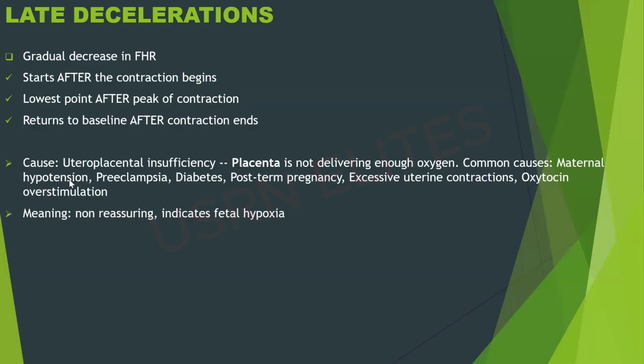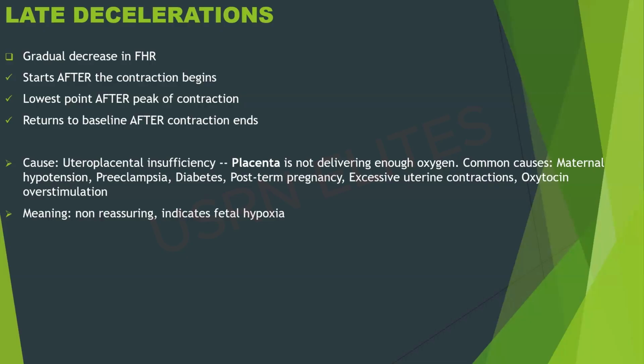Maternal hypertension. The blood pressure is too high or too low, how can it supply enough blood to the fetus through the placenta? Preeclampsia, there's severe hypertension. It means that the vessels are constricted, decreased blood flow to the placenta. You're also going to have placental insufficiency.